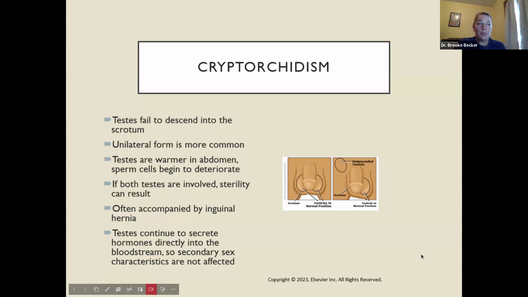Okay, cryptorchidism. So this is also known as an undescended testicle. This testicle stays up in the abdomen and does not come down into the scrotum. A lot of times it's more common that they only have one undescended testicle, but there are times that some boys have both testicles undescended. Okay.